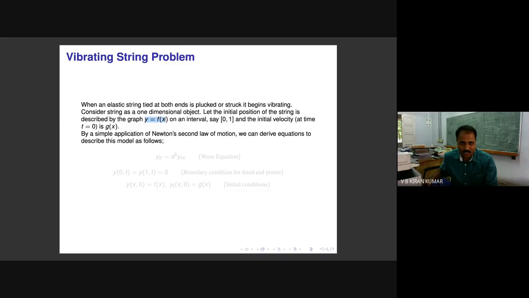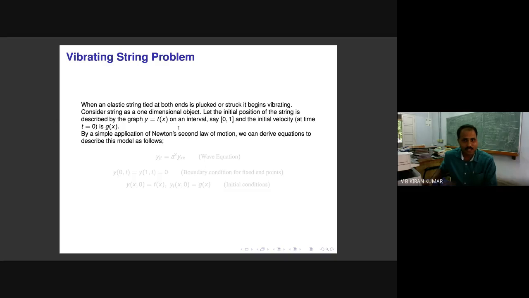That means y equals f(x) at time t equals 0. And you assume that you also know the initial velocity. That means at time t equals 0, y_t, the first partial derivative with respect to t, is given by g(x).